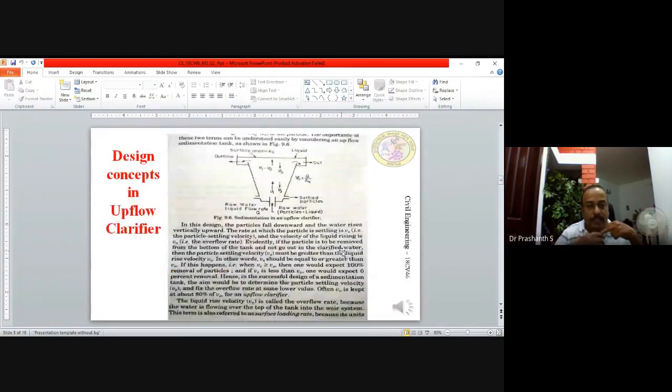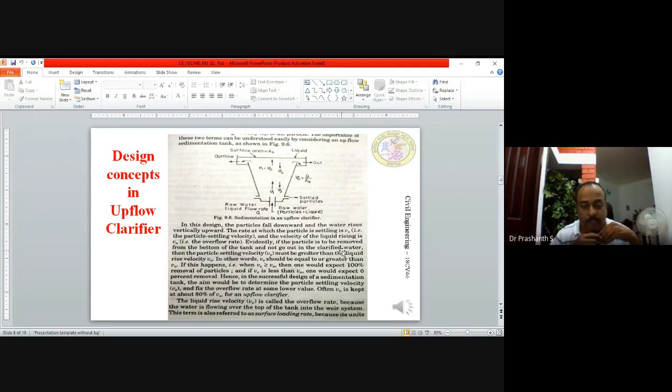Let us come to the design concepts in the upflow sedimentation tank. Circular tanks are also called clarifiers. So, upflow clarifier or upflow sedimentation tank. You'll see a figure of sedimentation in an upflow clarifier.